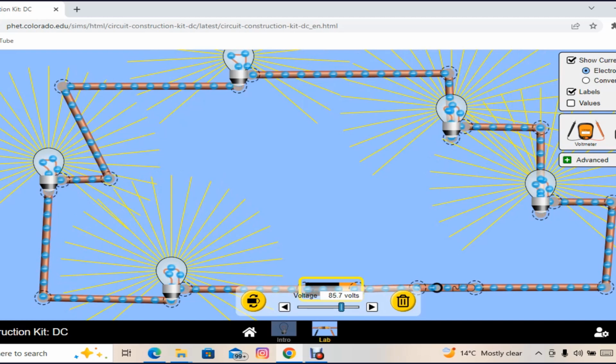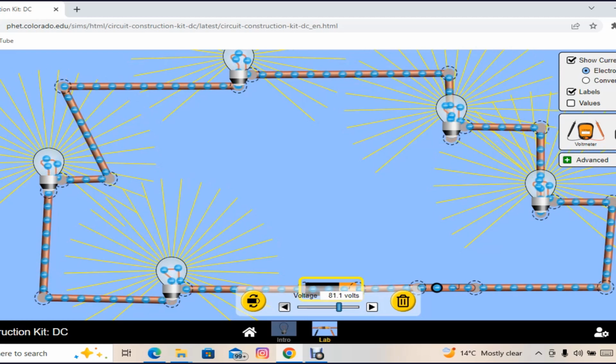As you can see, they are going lower. Now, that means Eskom can only provide us with 80 volts amongst the 5 households. And remember, at the beginning, we saw that each household needs 20 volts to be able to light brightly.